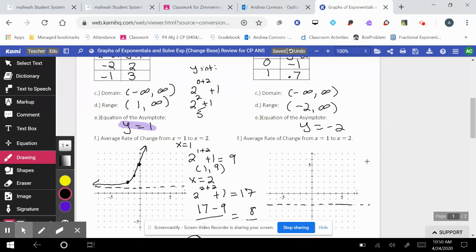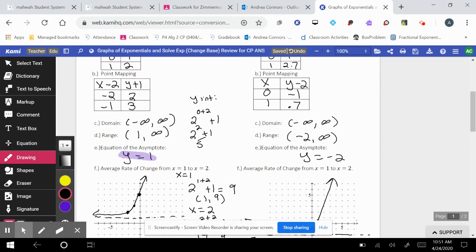I have (0, negative 1), which is right here. And then (1, 0.7), up almost to 1, but not exactly. And then connect.